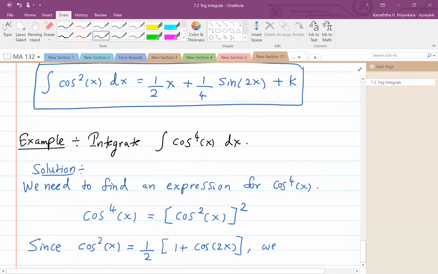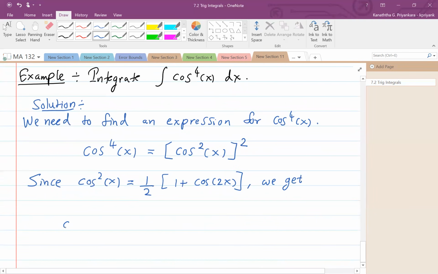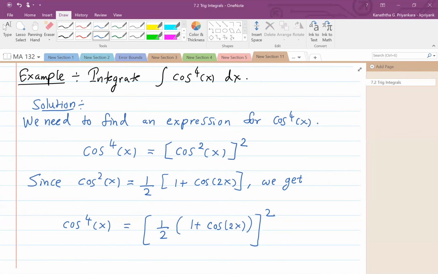We get, so I can write cosine to the power 4 x as, let's substitute this whole thing for cosine squared x. So we get (1/2 times (1 plus cosine 2x)) squared. That would be cosine to the power 4 x. Now I can square each term.